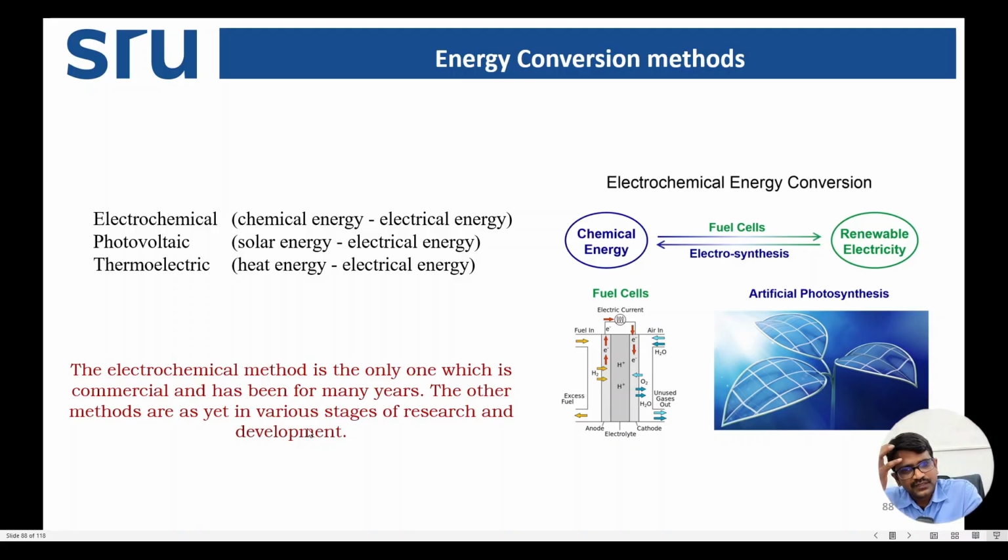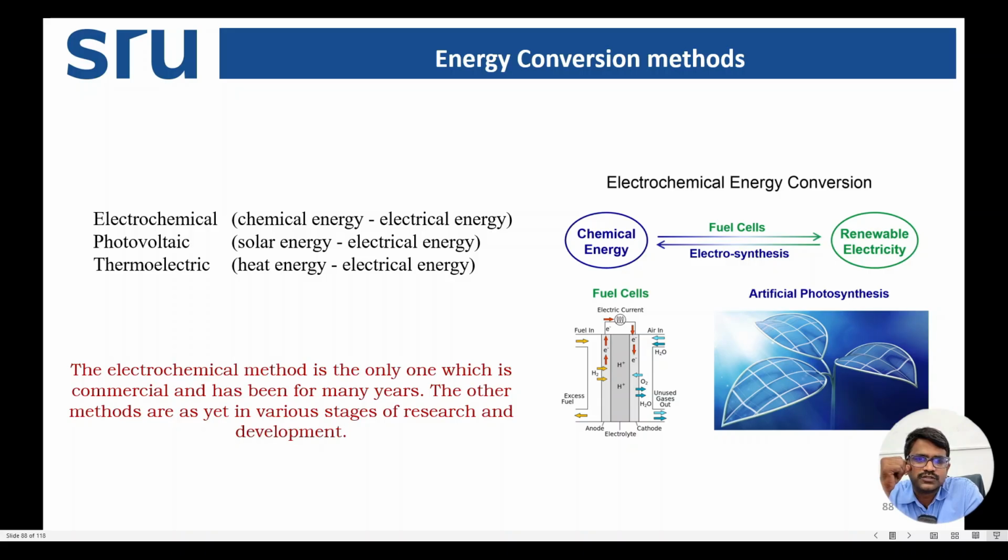So for example, we cannot completely rely on solar energy, right? But if you store energy in an electrochemical way, you can depend on it. For example, nowadays we are familiar with electric vehicles, right?